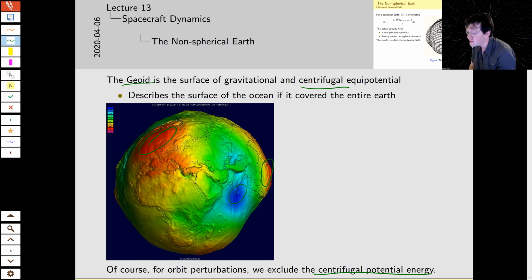Centrifugal acceleration doesn't affect satellites because they're not tied to the surface of the Earth. They have their orbital energy. Their rotation, of course, causes centrifugal force, but that's already accounted for in the orbit, because the orbit is the balance between gravity and centripetal acceleration, or centrifugal.